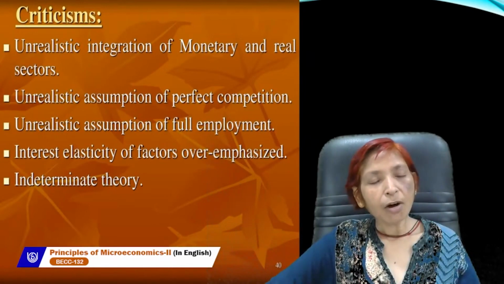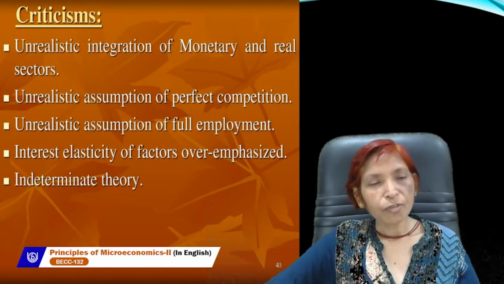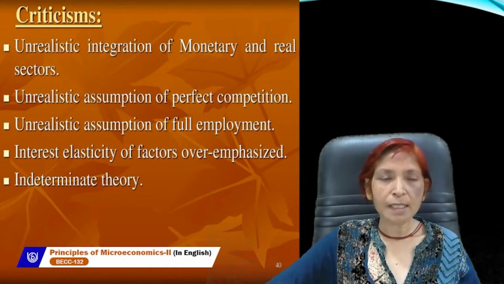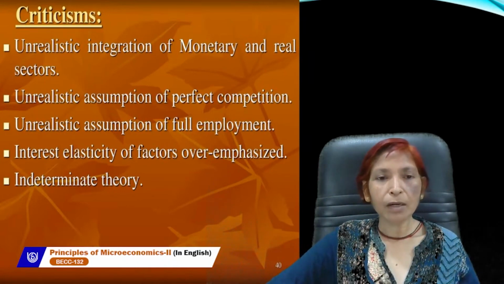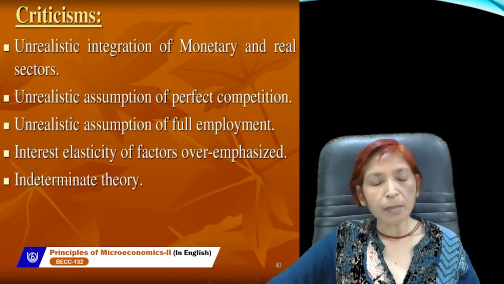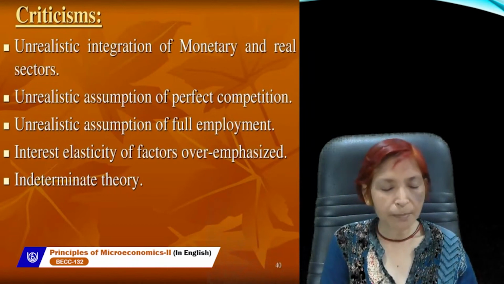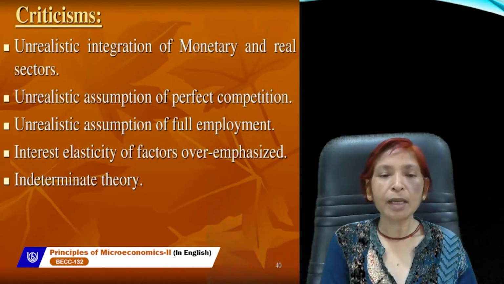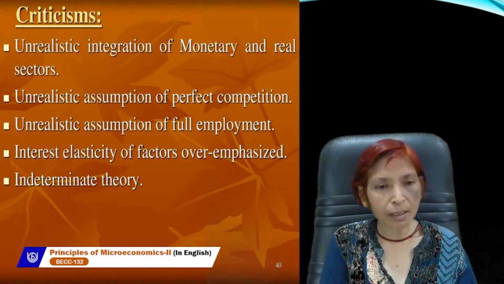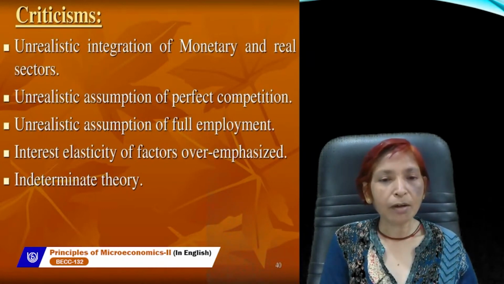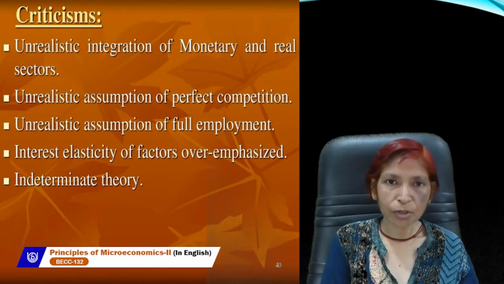The theory of marginal productivity, which was introduced by J.B. Clark, was criticized by many economists because this theory assumed that perfect competition exists in the product market, perfect competition exists in the factor market, and there is applicability of the law of variable proportion.